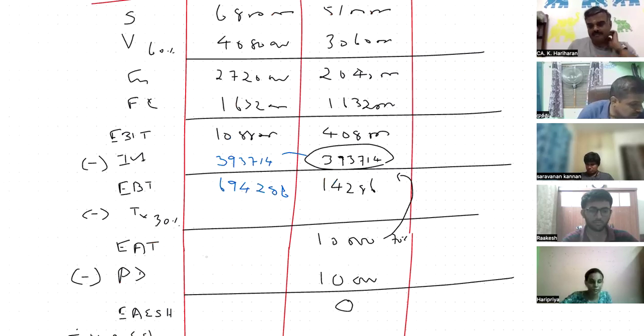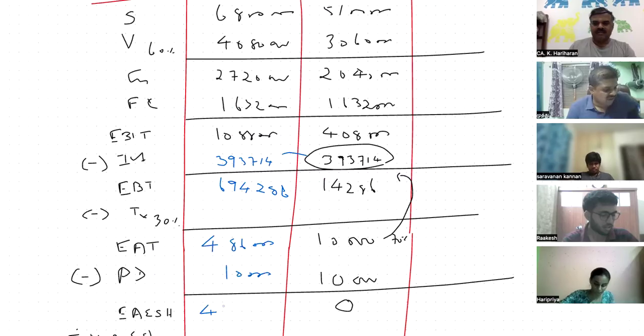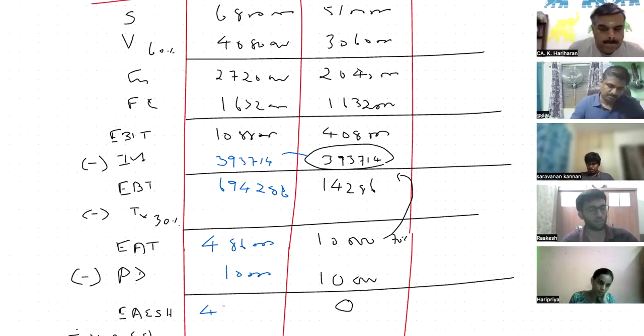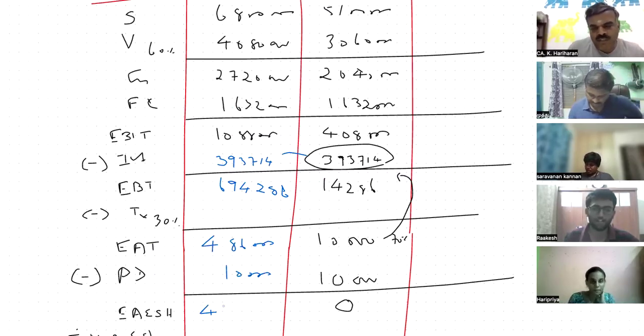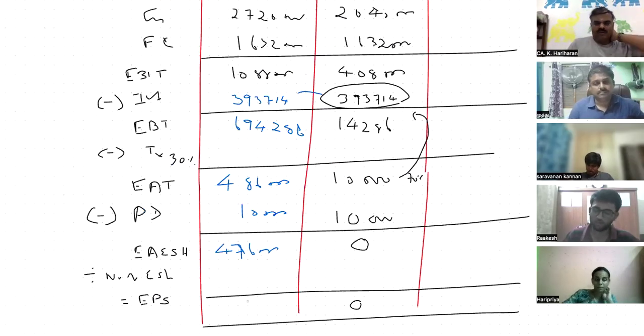Number of shares is 1 lakh 50,000. So earning per share comes to 3.17. Now, what is the requirement of the question?